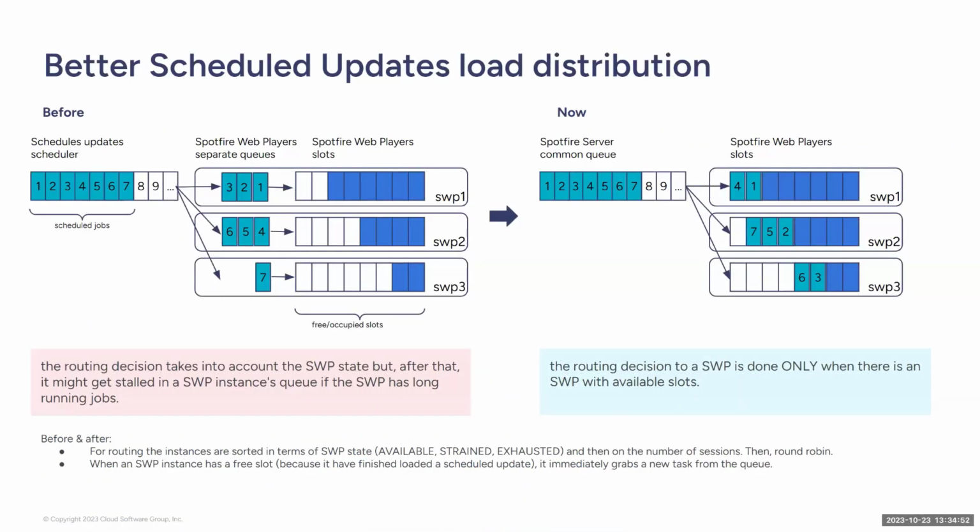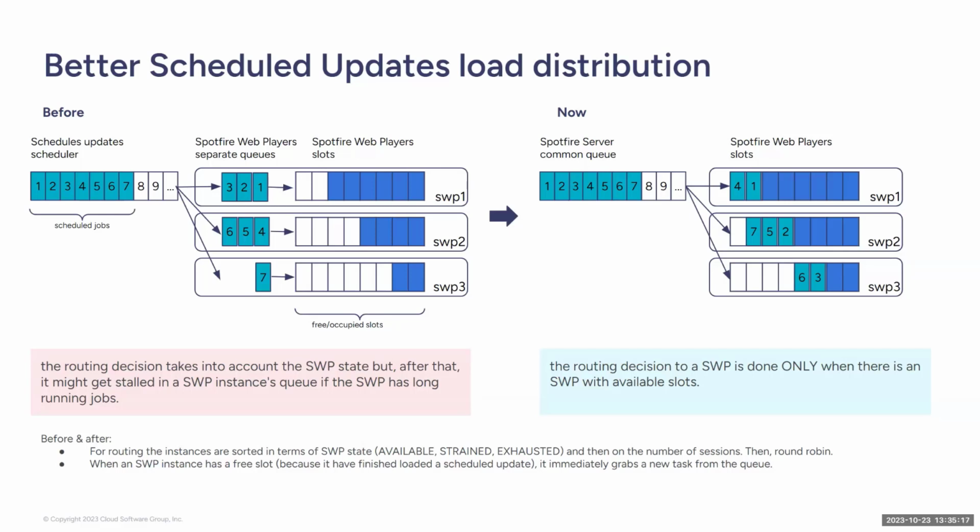And if you're using scheduled updates to cache analyses so that they open quickly when business users need them, you probably will find this a welcome improvement. In previous versions of Spotfire, each Spotfire web player service instance had a separate queue for the initial loading of analysis files used in scheduled updates, and the queue was assigned when the job arrived.